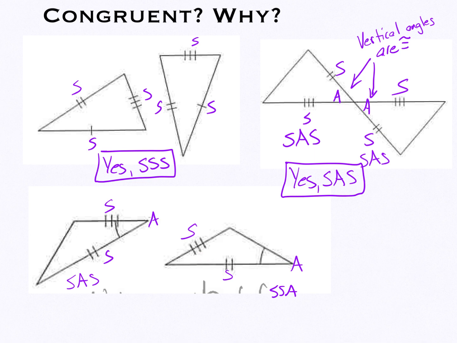It's not good, right? It's a bad word. Geometry has no bad words in it, okay? So if you get a bad word, it's done. No, it's not congruent. Geometry is pure. ASS, nope. We don't want that. So these are obviously not congruent. So we're just going to say no.